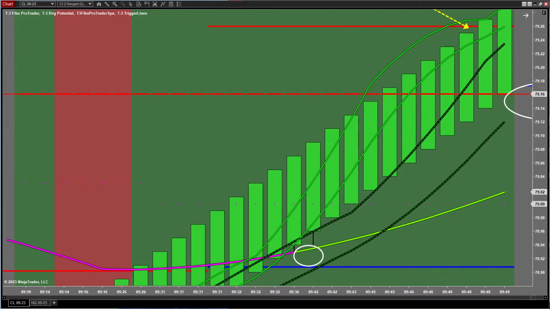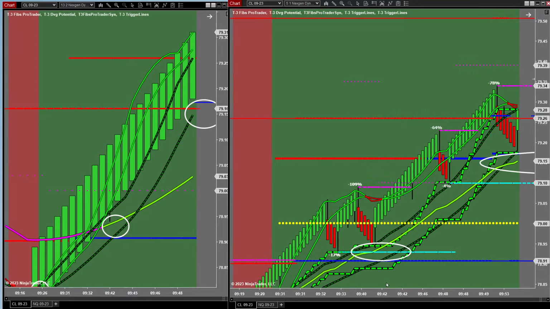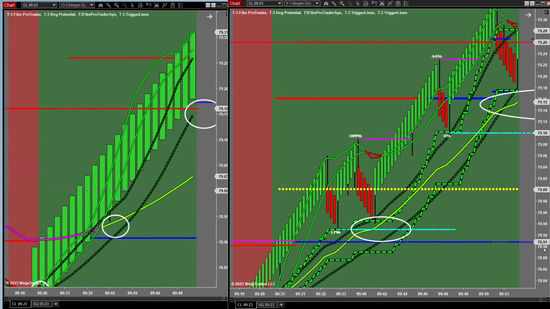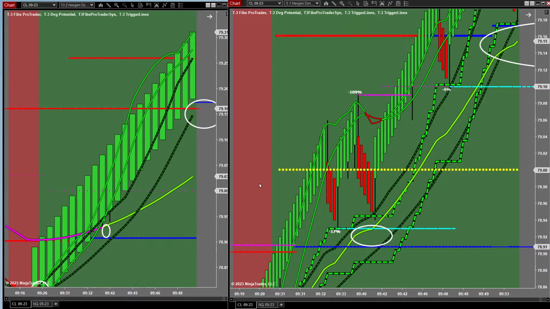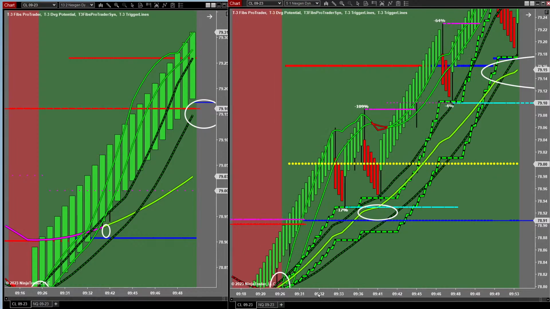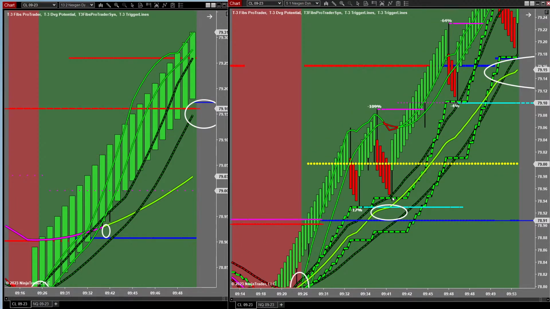Just put your order a couple ticks higher so you get a fill, or you have to have a secondary conditional to get that last one little tick worth of entry right here. So let's look at the spot. You're trying to get that last one or two ticks, and you have to read your indicators. And if you miss it, just tough titties. There's nothing you can do about it. But given the context and the strength of the triggers, I think paying a little bit extra is okay.